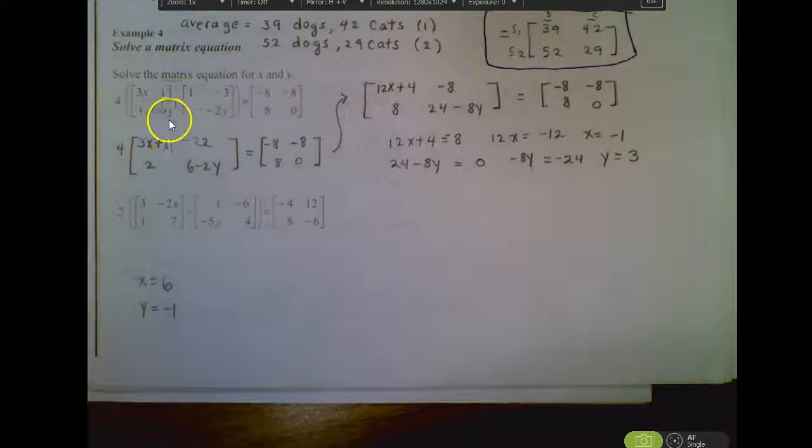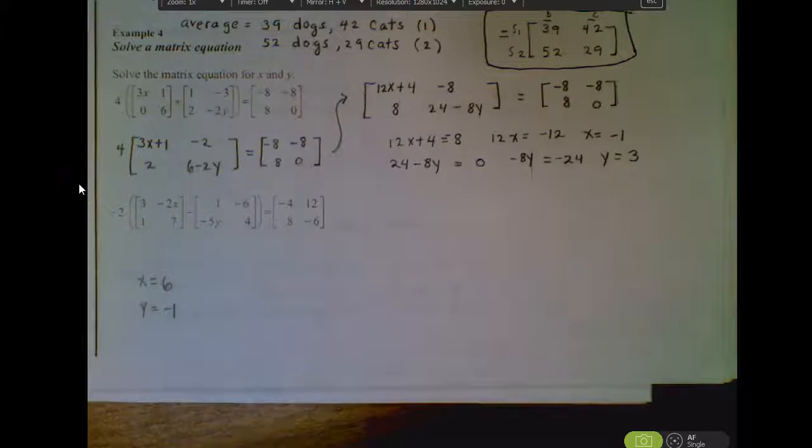And so if I distribute, I'm looking at 24 minus 8y equals 0, and that's where we're going to get the second equation, and then again we could solve from there to get our value for y. So pretty simple, just pull out what's needed, and so just where x and y are sitting.